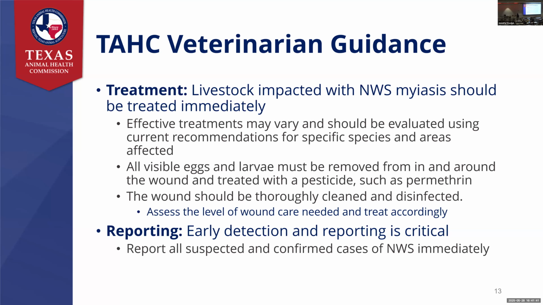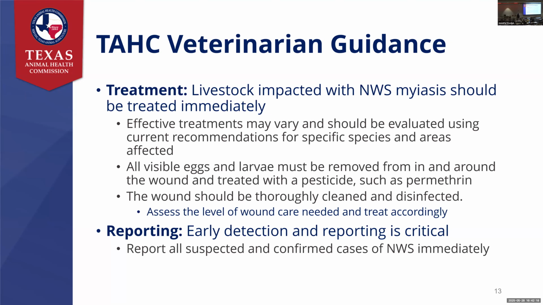Clean the wound out with soap, water, and disinfectant, rinse it out, and get all the larvae and eggs out, and then you can treat systemically. There aren't any approved products, but some macrocyclic lactones mentioned today, ivermectin and doramectin, can be used to treat the animal systemically, and you would get some protective efficacy against the development of the larvae in those wounds.